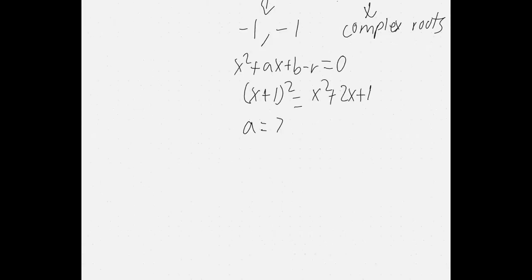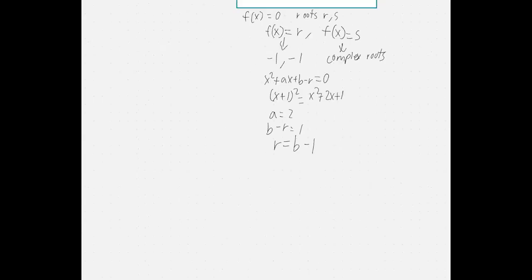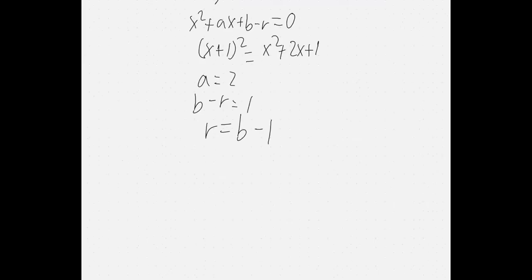So now we know this, right? And we can say that r is b minus 1. We also know that f of r is 0 because it's a root of f of x. So from f of r equals 0 and r equals b minus 1, you can expand the quadratic.